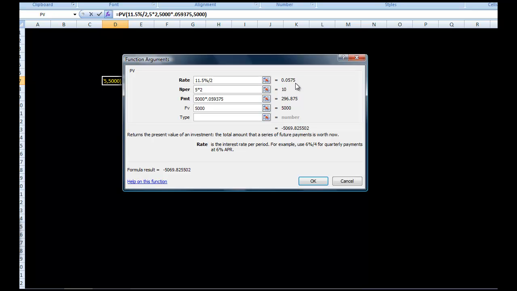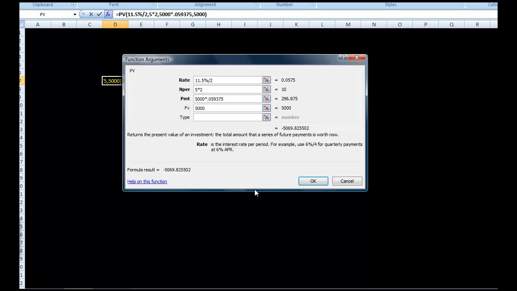We're still going to have 10 periods. Our payments are going to be the same because the payments are based on the face value times the coupon or contractual interest rate, not the market interest rate. We still have a future value of $5,000 at the end of the term, May 1st, 2013.